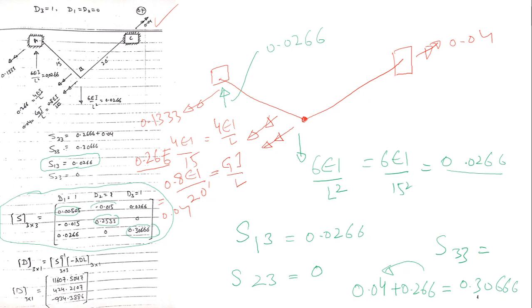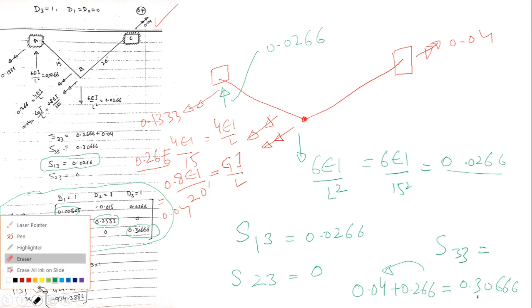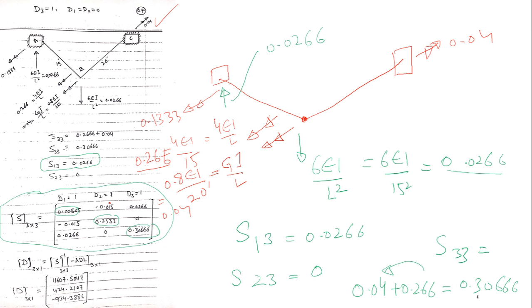Now this is S12, same as S21. S13 is same as S31, and S23 is equal to S32. The values are same.